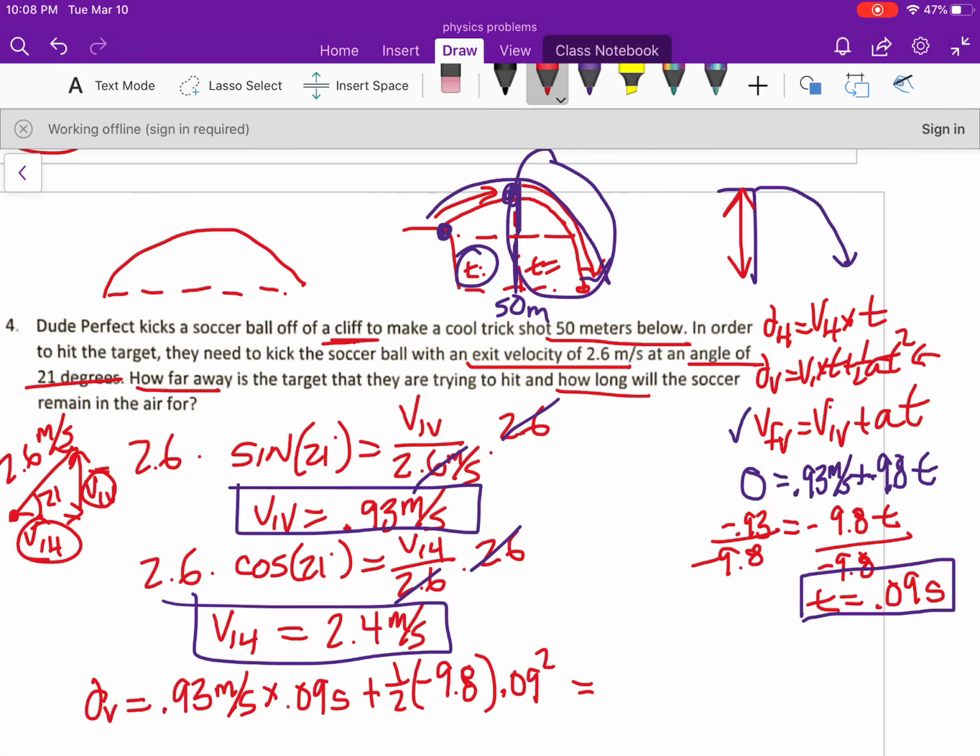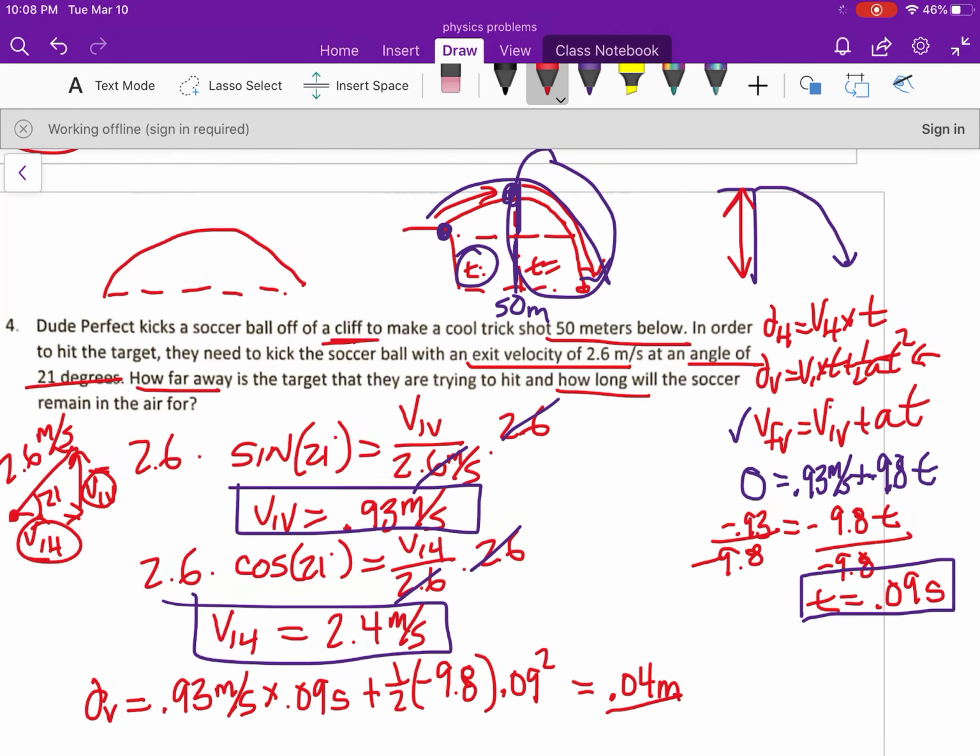So when I do this in my calculator, 0.09 squared times negative 9.8 times 1/2 plus 0.09 times 0.93, I get that it will go an additional 0.04 meters.